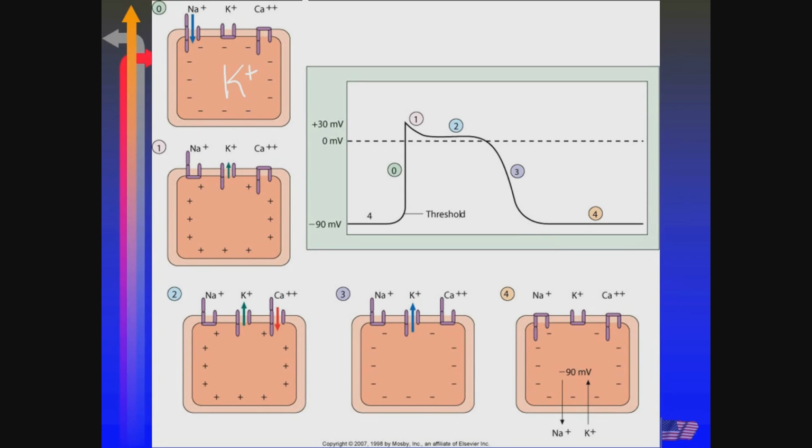What ends up happening is as sodium moves in, calcium moves in, potassium moves out, now there's an exchange. And now the inside of the cell is more positive than it is negative, and eventually it goes back to the other direction. What do I want you to know about this? Well, there's some movement of some ions.